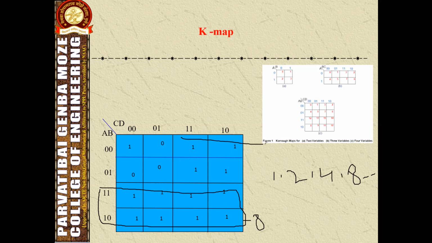Second, we can consider this group having 4 ones. And this as one group. Remember that if a group is formed and there is a 1 here, we can consider these two as a group. Again, if this cell is already engaged with a group, we can still consider it in a group with another cell.